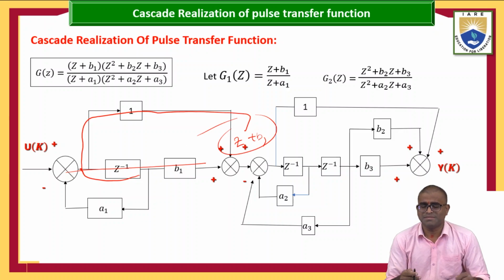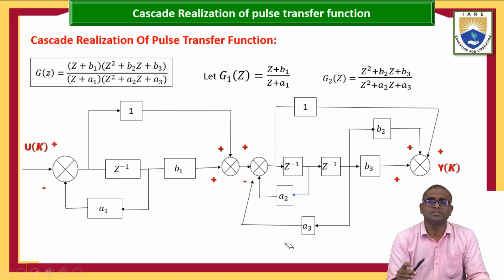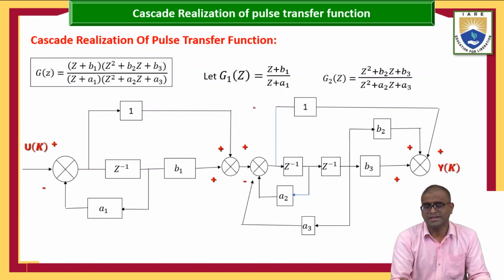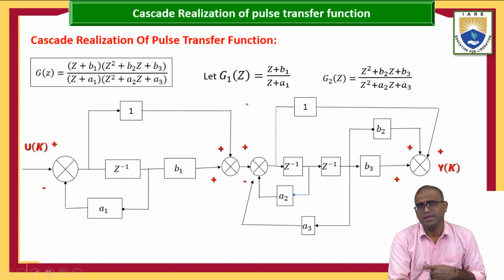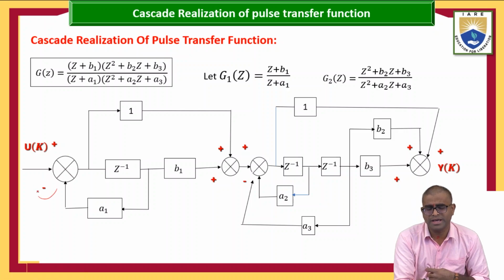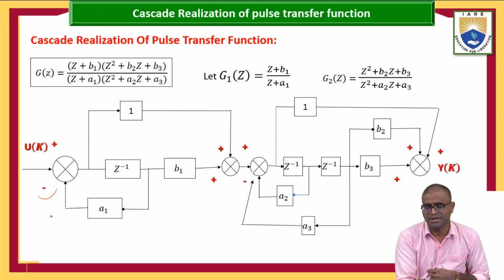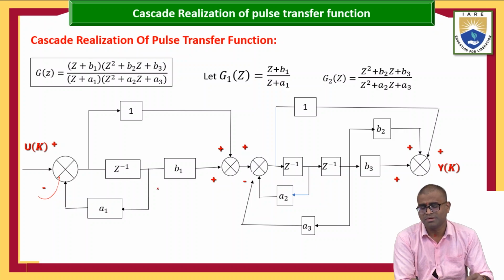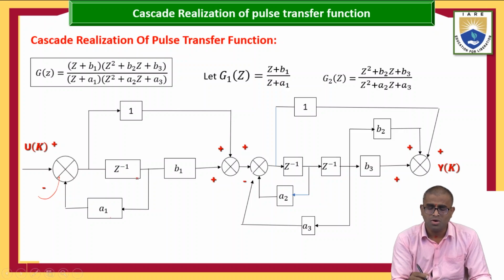For the denominator, Z plus A1, it is a feedback path with negative feedback, so at the summing point we get a minus value. First A1 comes directly, after that Z inverse is added. Negative feedback of that is plus, so Z plus A1.